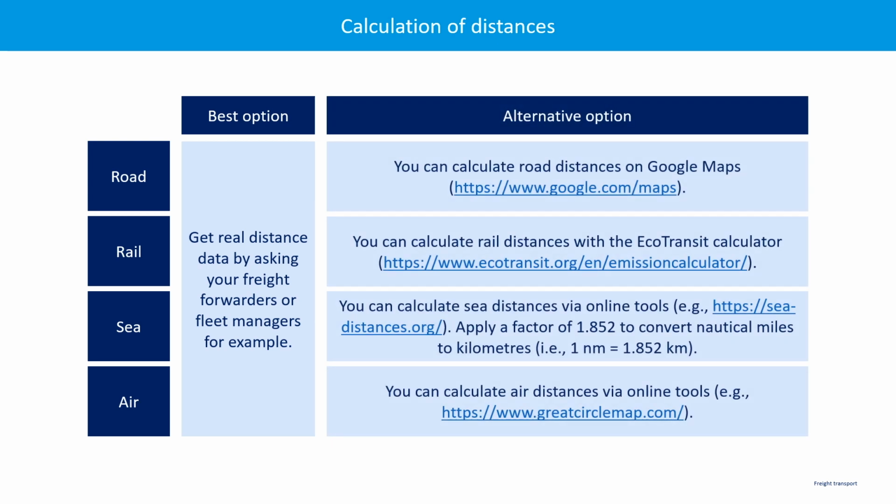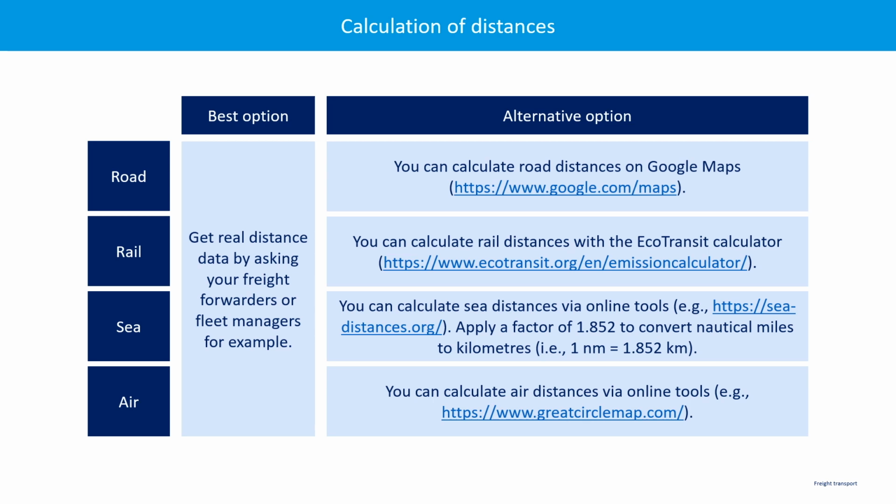In case of road transport, you can calculate road distances on Google Maps. In case of rail transport, you can calculate rail distances with the Eco-Transit calculator. In case of sea transport, you can calculate sea distances via a lot of different online tools, and there's one example here on the screen.